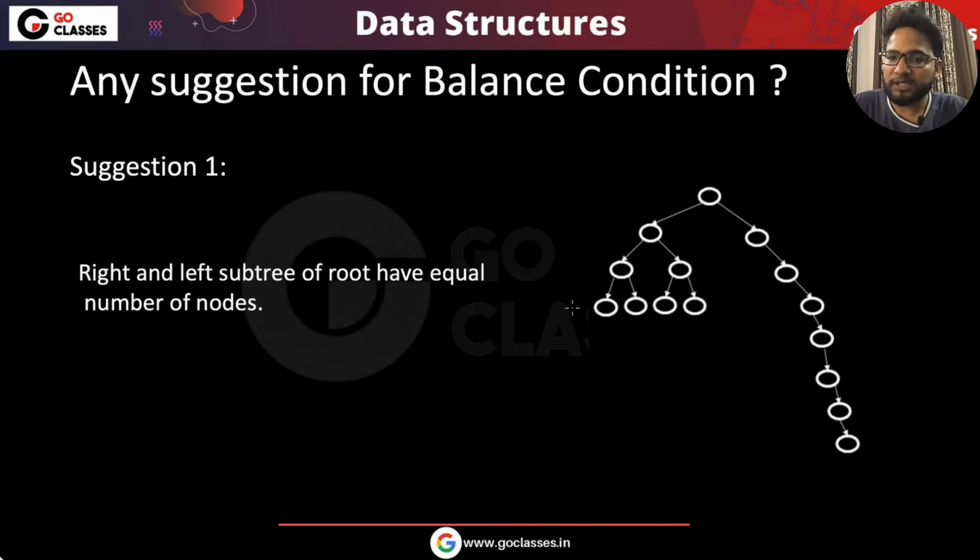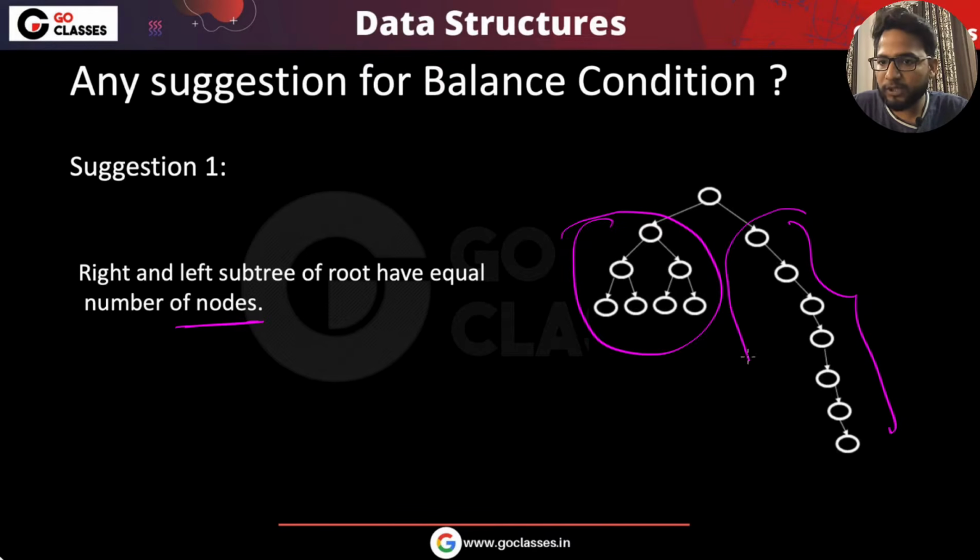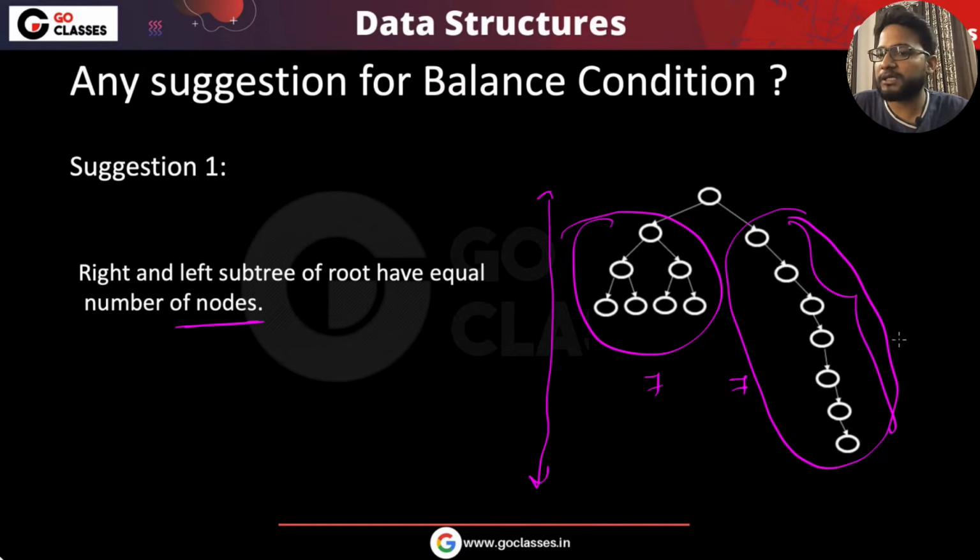Why? See this counter example. The nodes in the left subtree are 1 2 3 4 5 6 7, there are 7 nodes here and 7 nodes here also. So nodes in the left subtree and nodes in the right subtree both are same, 7 and 7. Still the height of this is not log n. It is in proportion of n, maybe n by 2 or something like this.